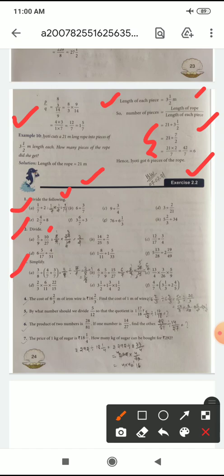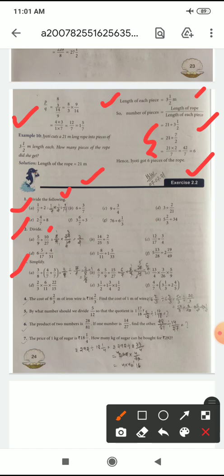First you solve the division part, then you multiply. C bit, all are multiplication, at a time you can multiply. D bit also, at a time you multiply. E bit, first you solve the division part, then you multiply. F bit, first you solve the bracket part, then you divide.